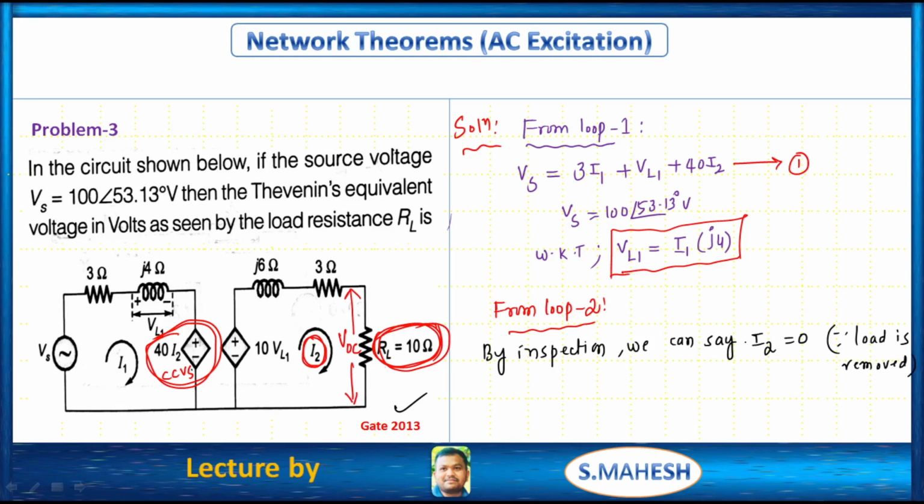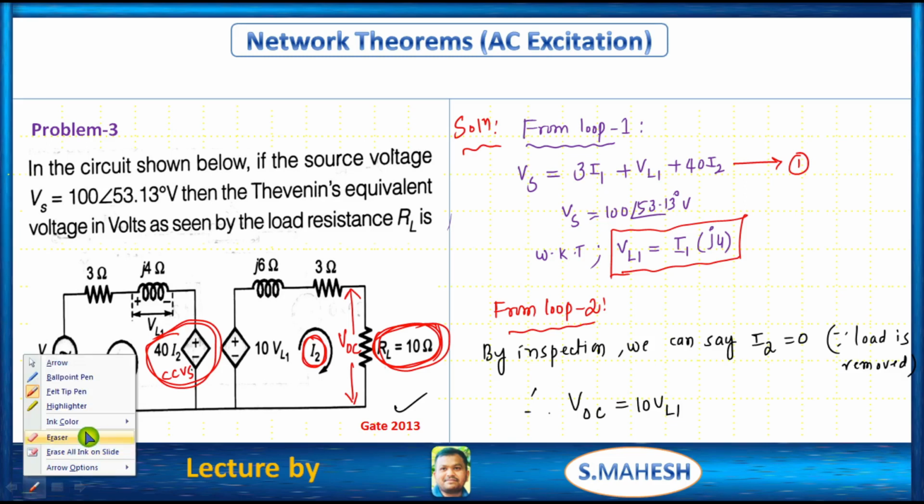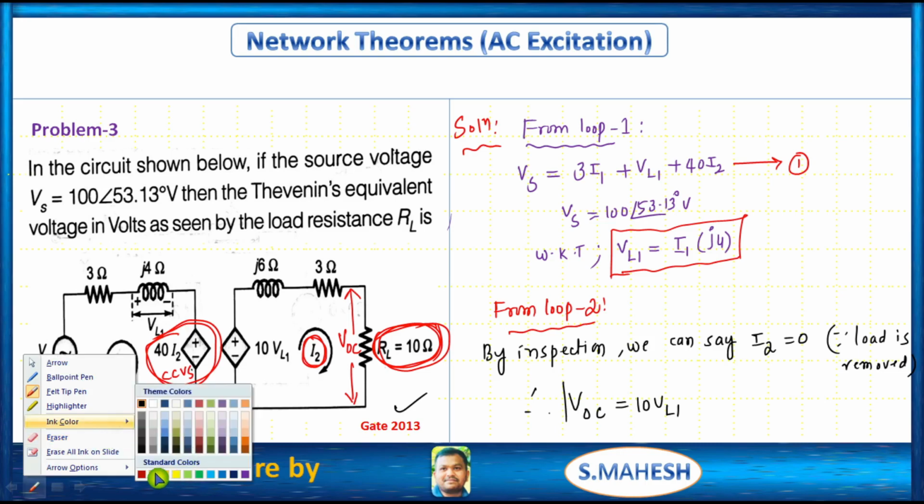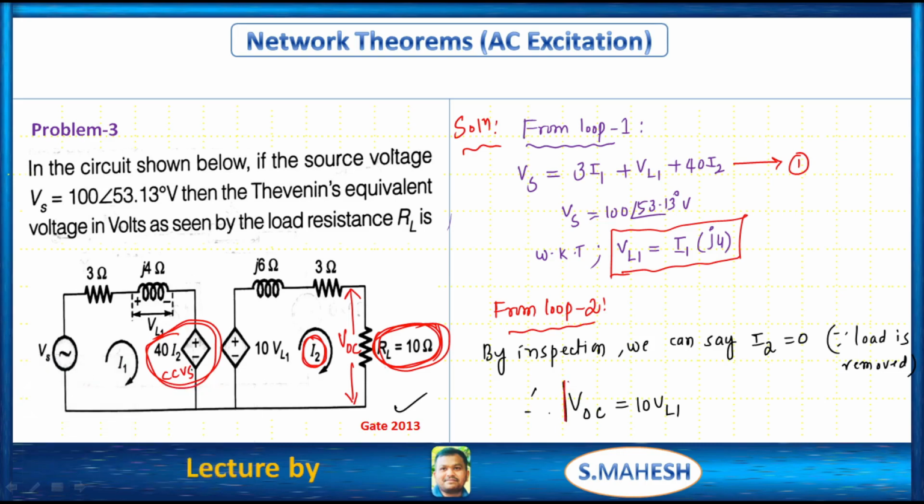If I2 is equal to 0, obviously VOC equals 10 VL1. This is a very, very important observation.